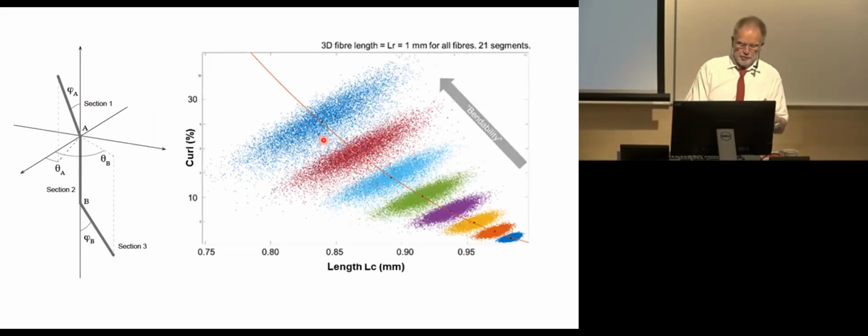Here you have length versus curl, and all these fibers here are of the length of 1 millimeter. And then we simulate, as I said, they could be more bent, they could be more curled. So you see, although all are 1 millimeter, if they are very curled, the analyzer detects this as being shorter.